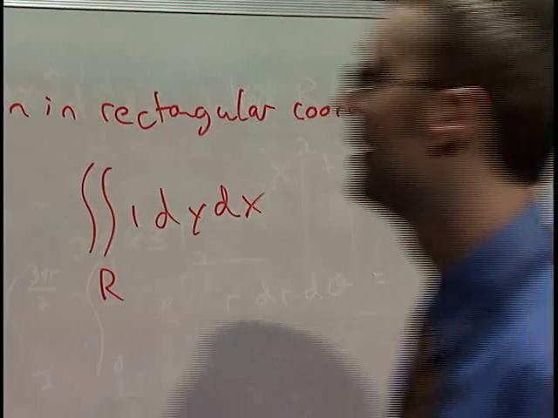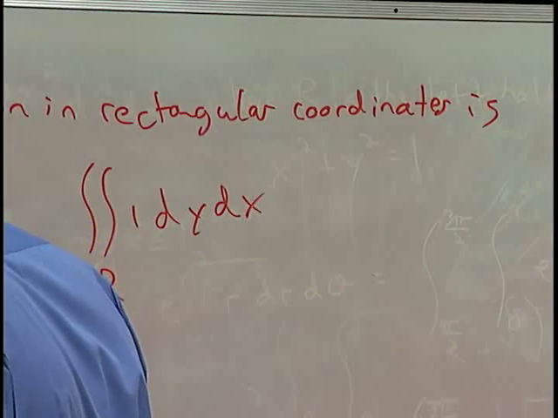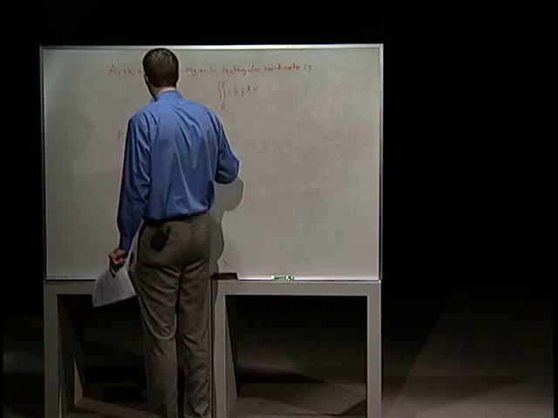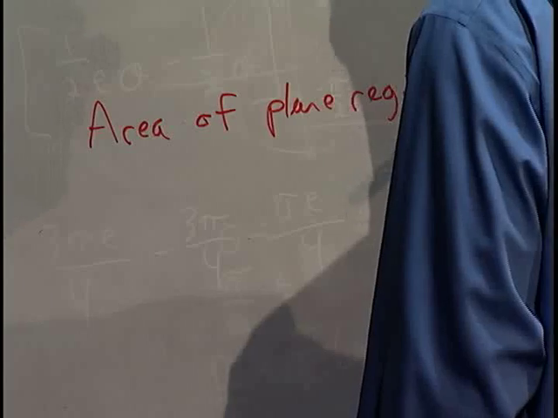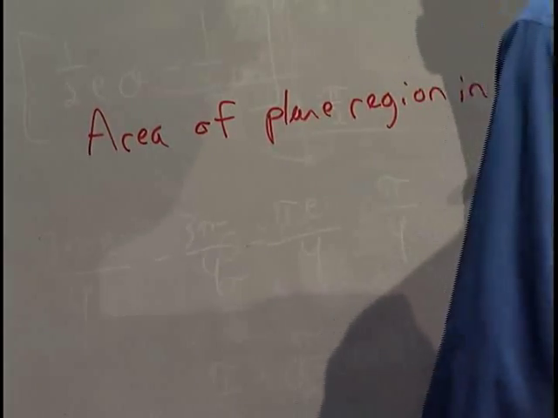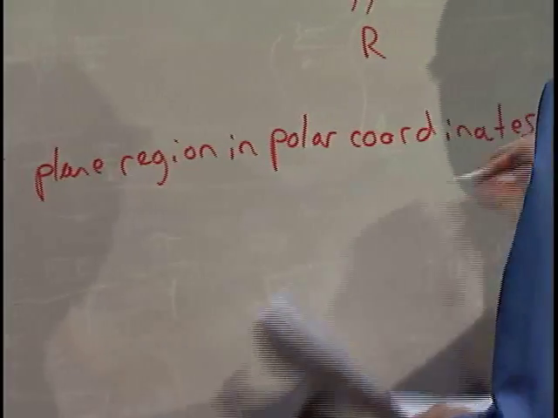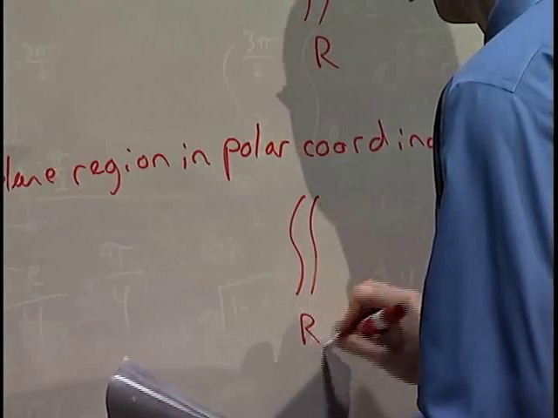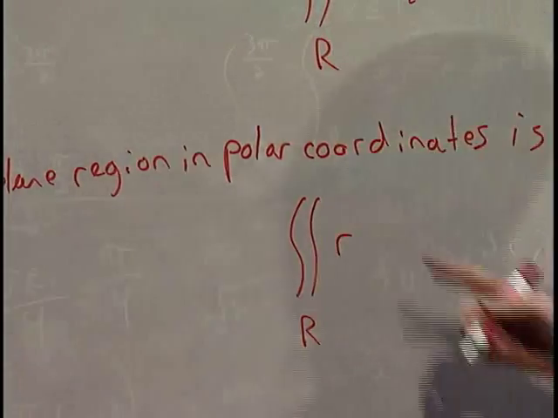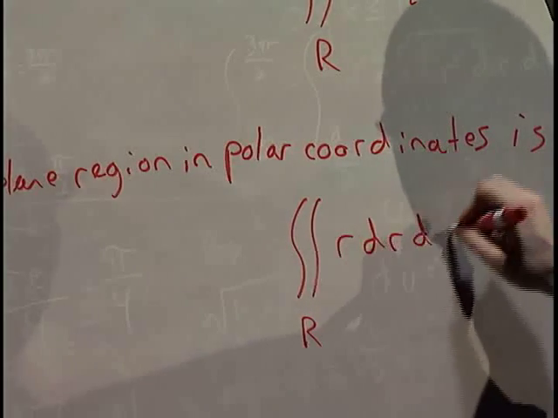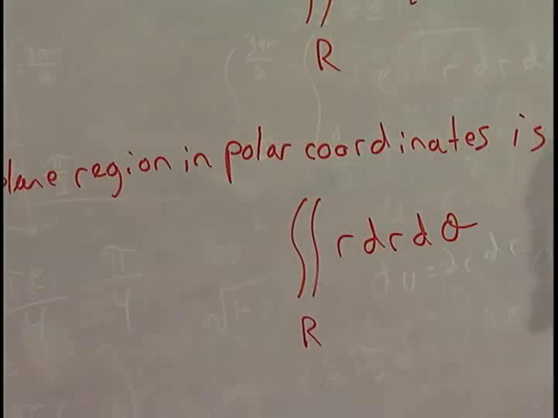And so the same kind of thing applies for polar integrals. Area of a plane region in polar coordinates is the double integral over R. Remember, the extra factor of r is hanging around there, so it has to be r dr dθ. So let's try this formula out on a problem.